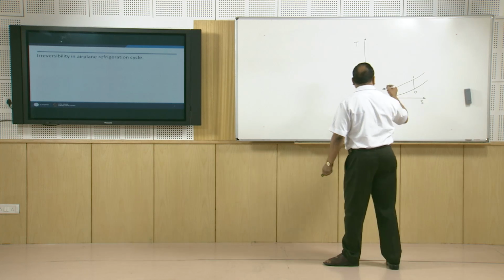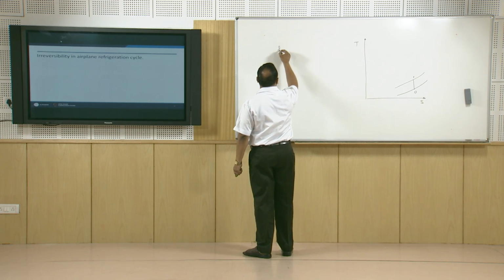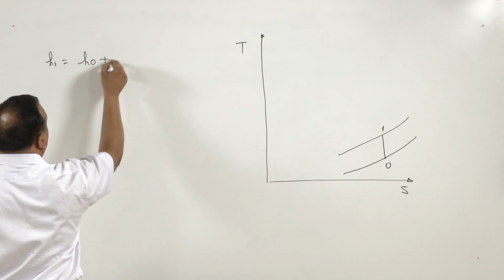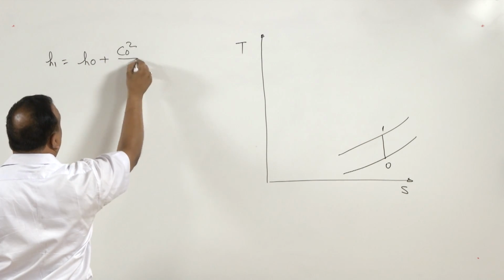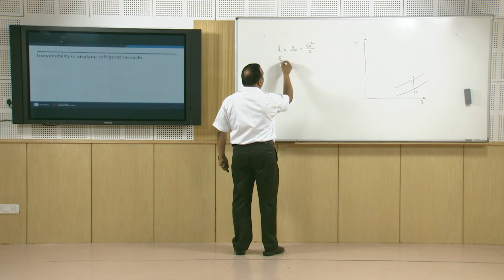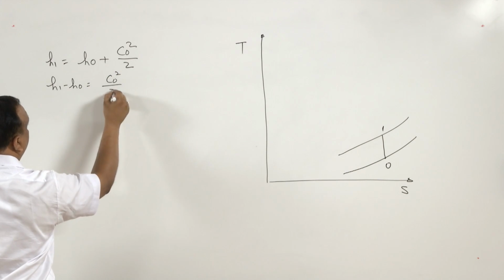If we apply the first law for an open system, then H1 is equal to H0 plus C0 square by 2. H1 minus H0 is equal to C0 square by 2.